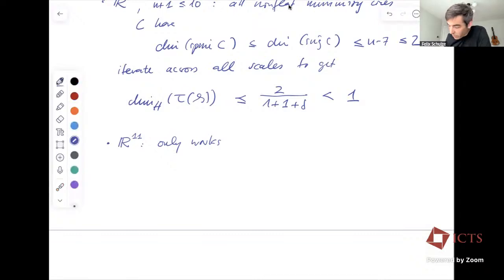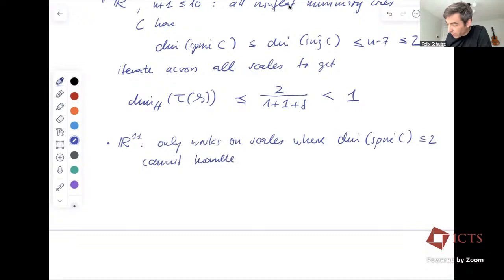So this only works on scales where the dimension of the spine of C is less or equal than 2. Then this argument works. So we cannot handle directly the case that the dimension of the spine of C is 3.